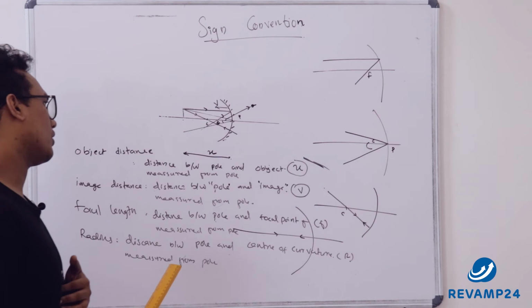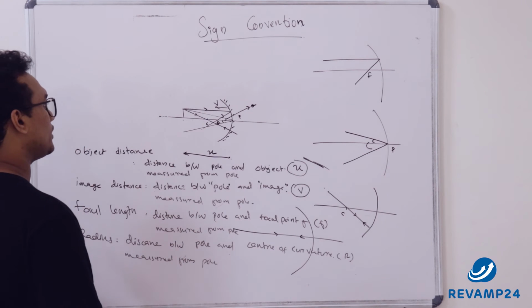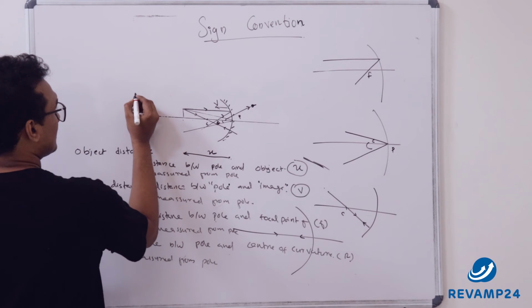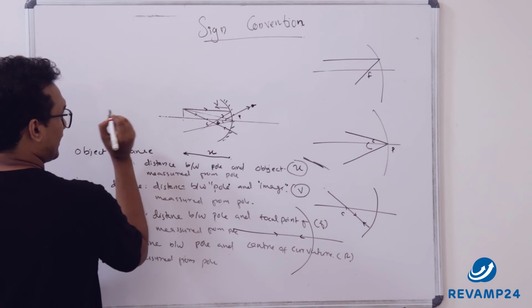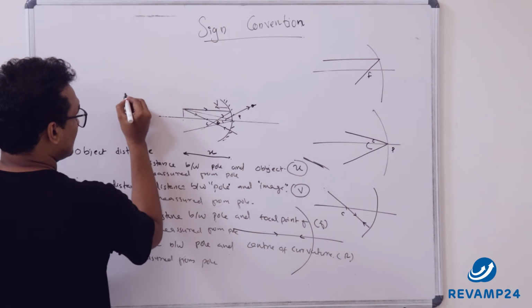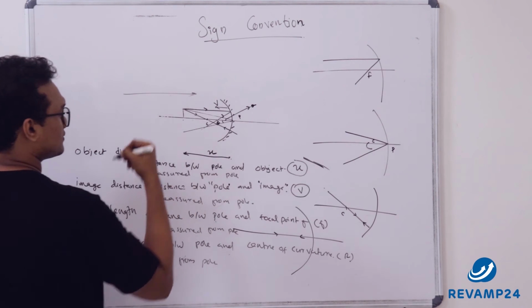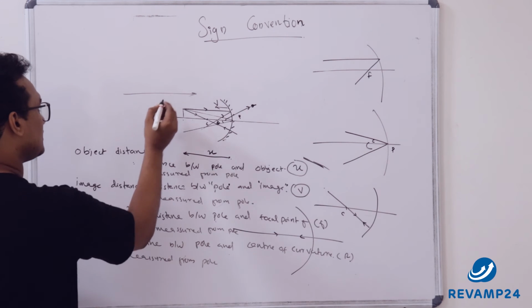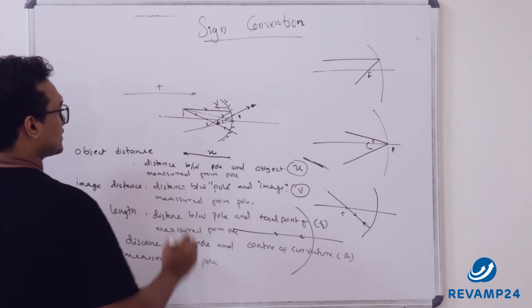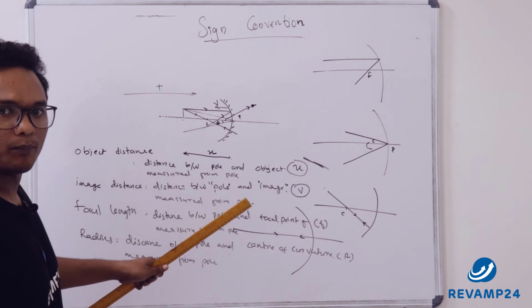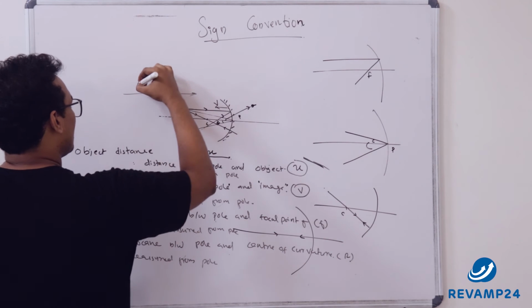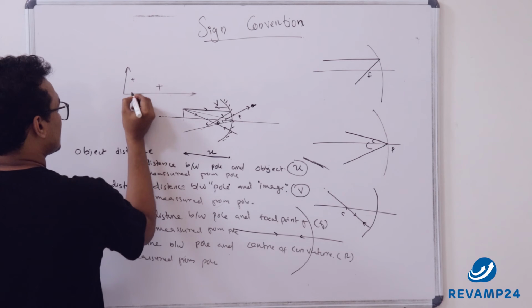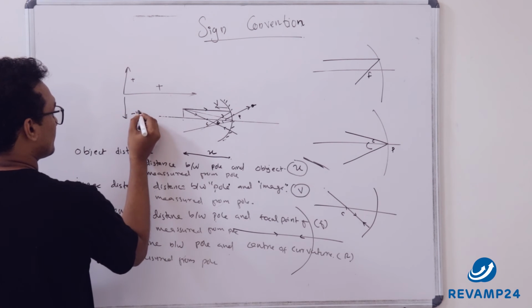In all the cases we are taking the measurement from pole. That is very important. Okay, now we are going to take the positive direction as the direction of the incident ray. Now the incident ray in this case has this direction. From the source, the incident ray is coming in this direction. So this is going to be taken as positive. Any direction opposite to this is negative, and also upward is taken as positive and downward is taken as negative.